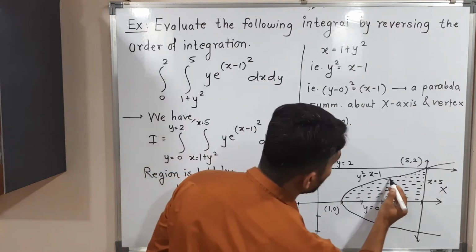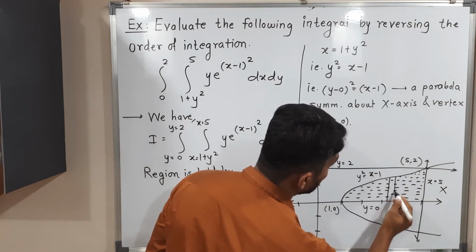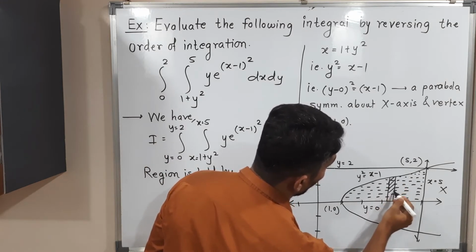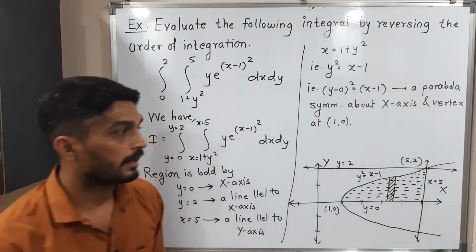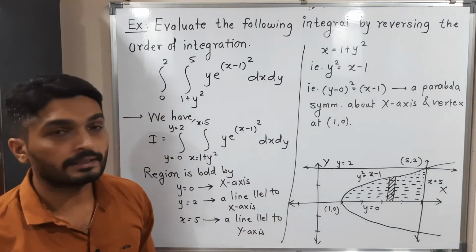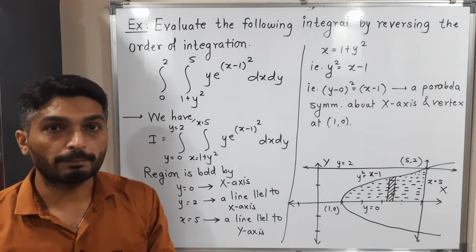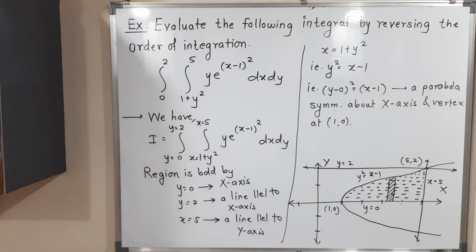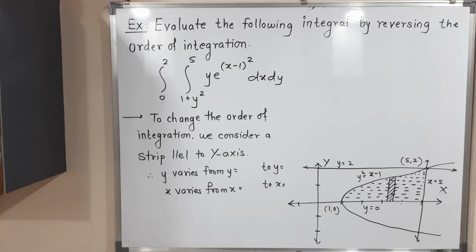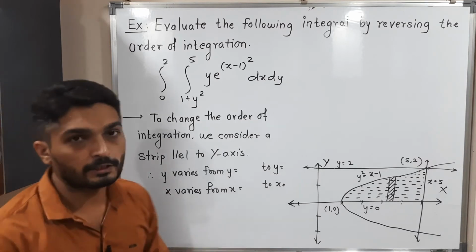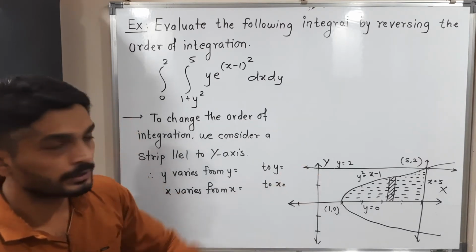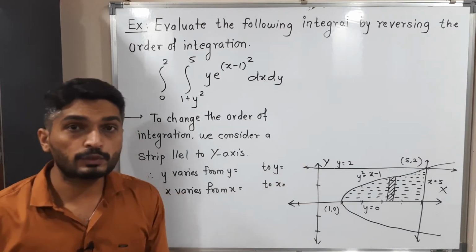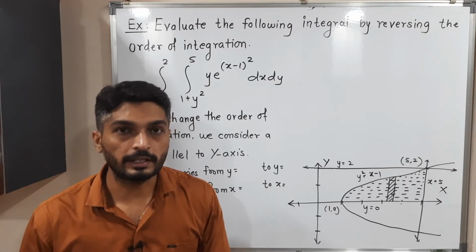After that, we need to write that the strip is bounded below and bounded above, but there is no more space to write, so make a screenshot of it. After that, we will go further. I mentioned that there. So to change the order of integration, we consider a strip parallel to the y-axis, as shown in this diagram. Then we should write x varies from, and after that we write y varies from.